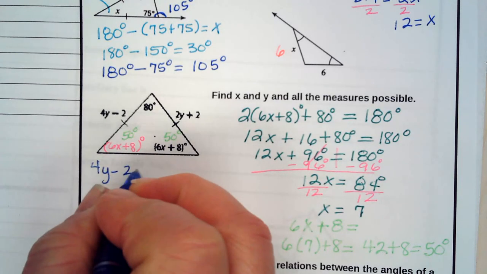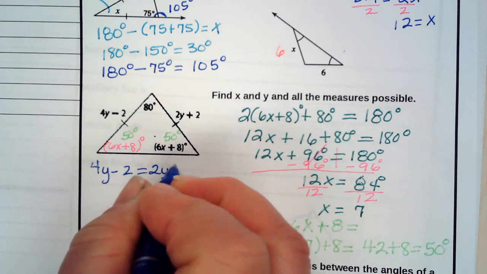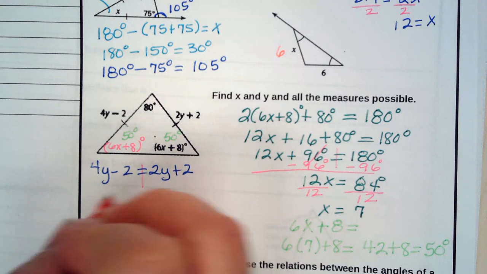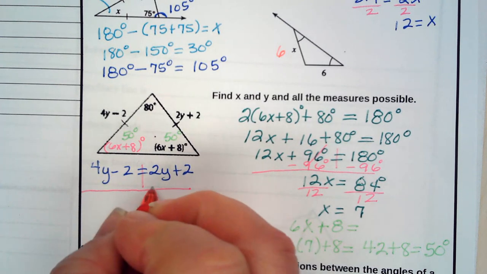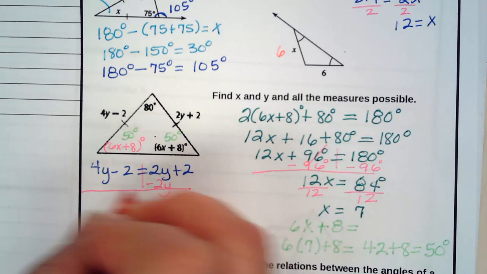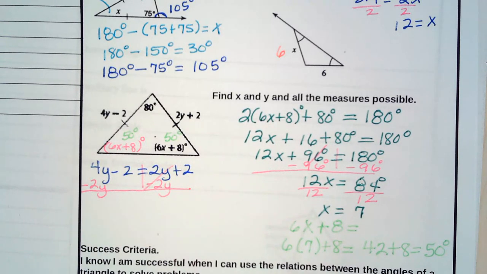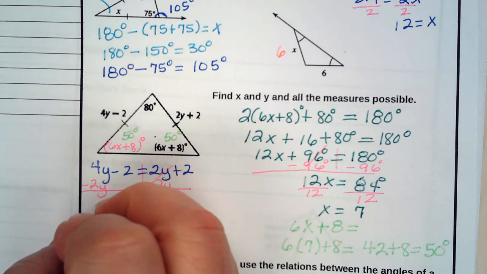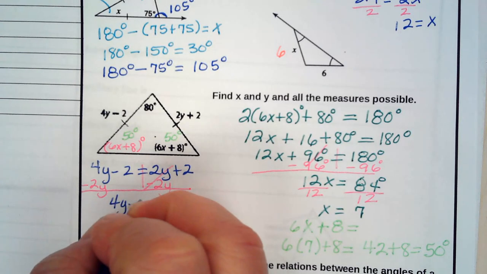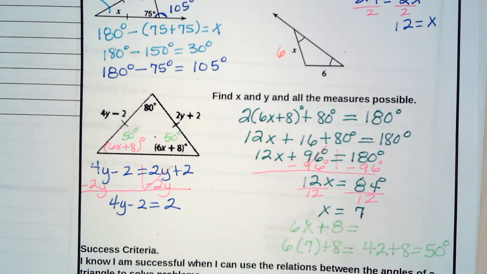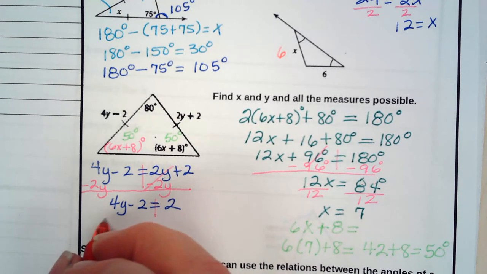4y minus 2 is equal to 2y plus 2. I know 2y is the smaller of my variables, so I'll subtract it from both sides. I've eliminated it here. 2y minus 2 is equal to 2. I will add 2 to both sides.